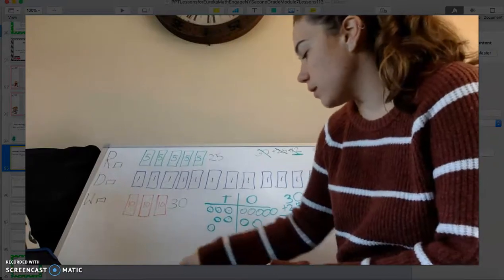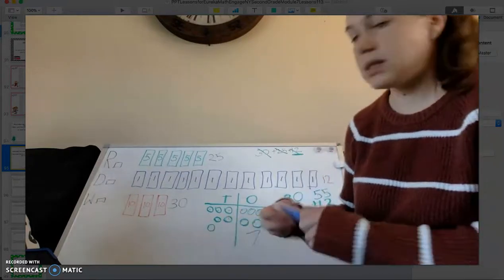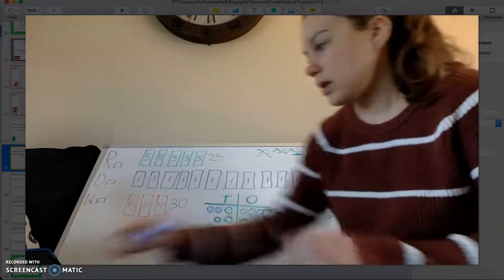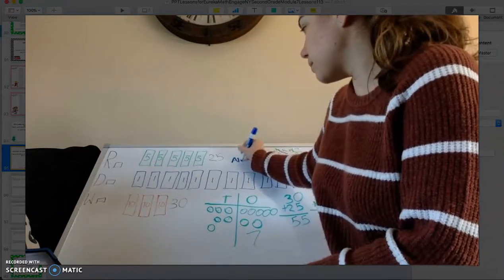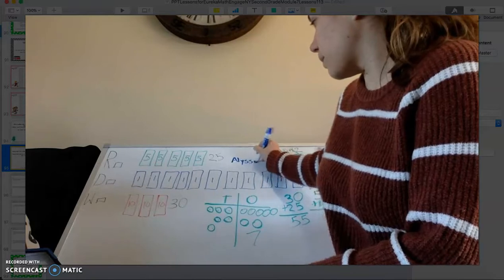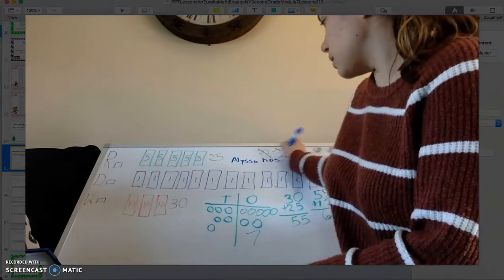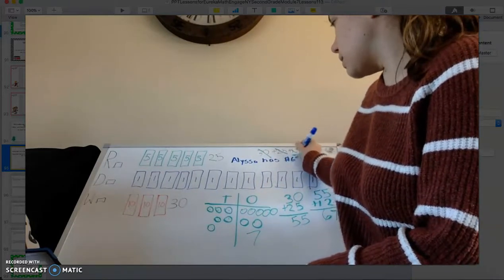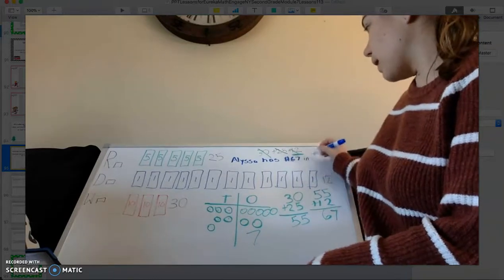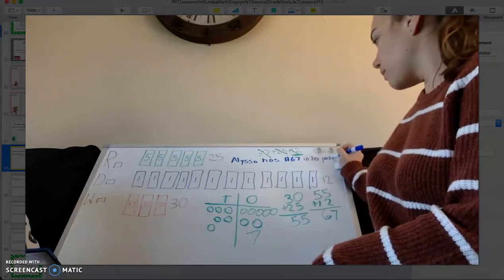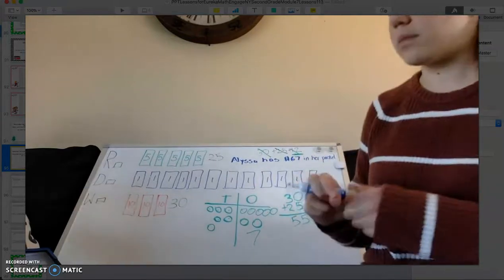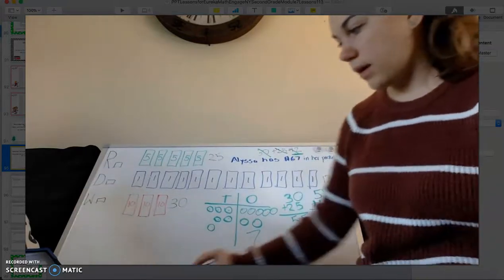So you have your answer. There are $67 in Alyssa's wallet. So Alyssa has $67 in her wallet. Very nice job.